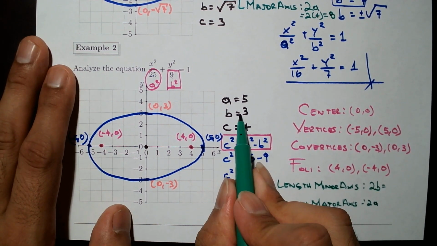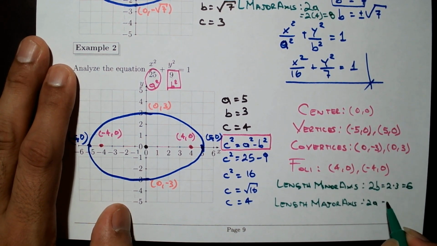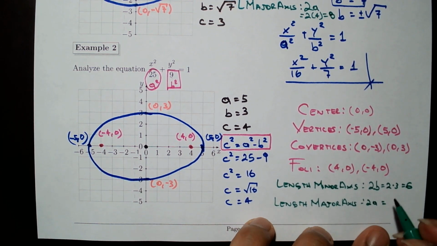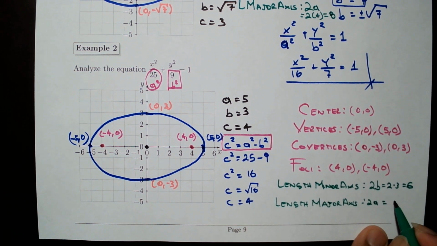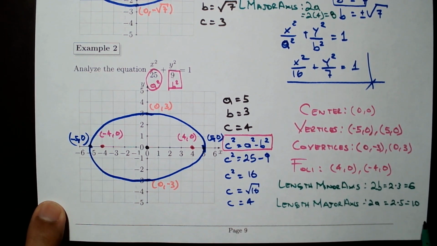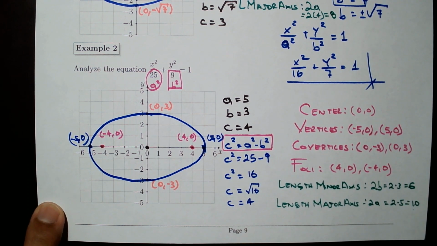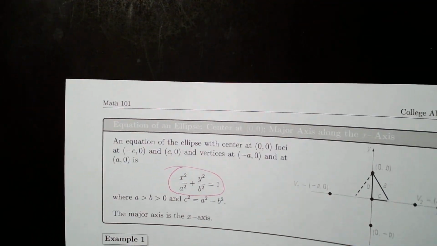So 2 times b, which is 2 times 3, which is 6, and 2 times a, which is 5, which equals 10 units. So the distance from vertex to vertex is 10 units. The distance from co-vertex to co-vertex is 6 units. All right, let's move on to the next topic.